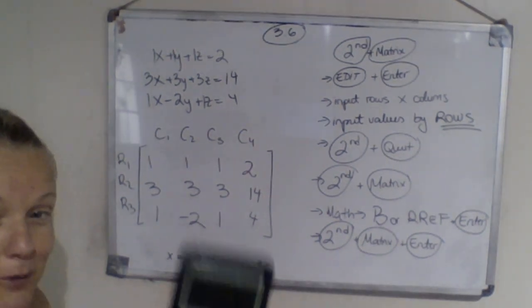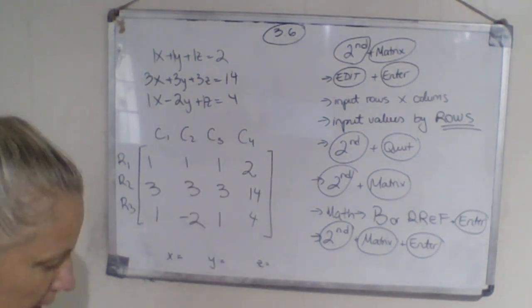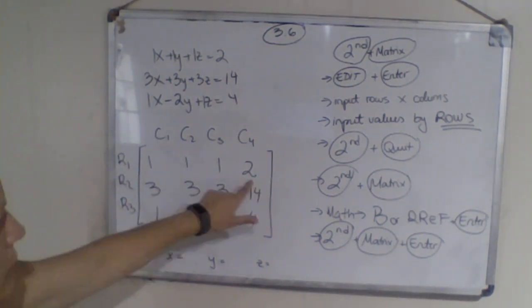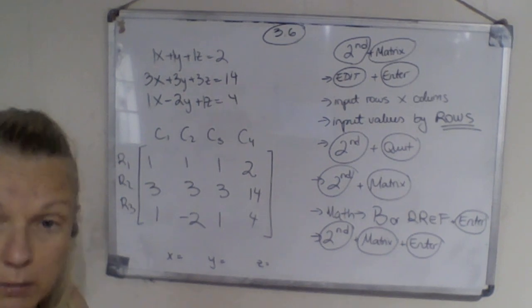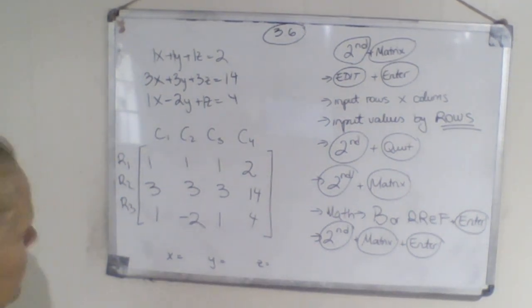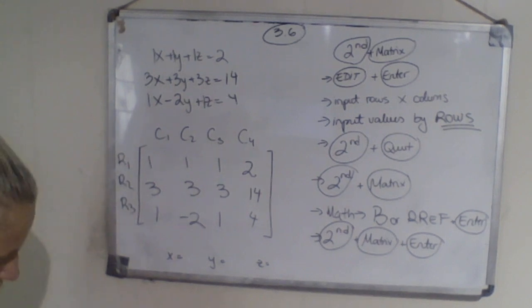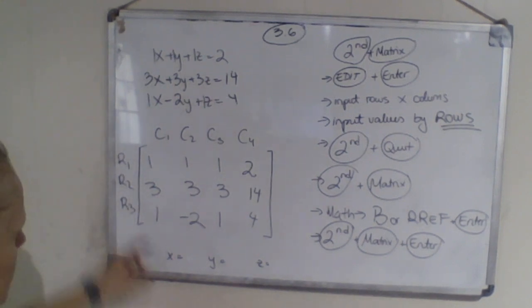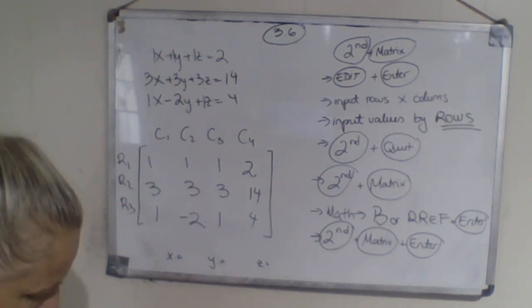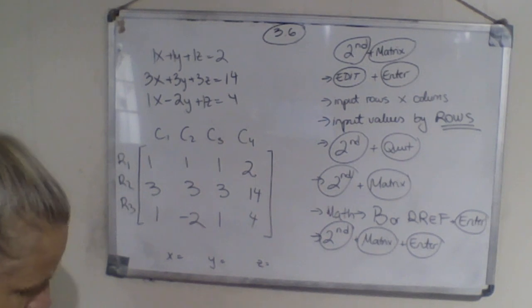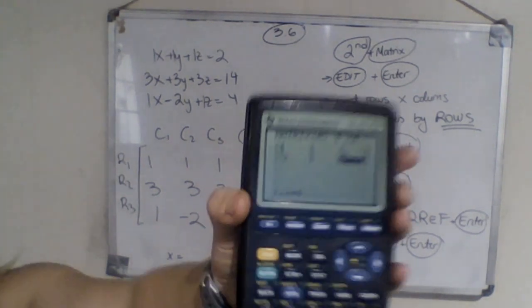It's already set up. It's 3 by 4. We just hit enter, enter, and now we have to put in our matrix. So I go 1, 1, 1, 2. It moves me to the second row. 3, 3, 3, 14, and then 1, -2, 1, 4. My matrix is put in.